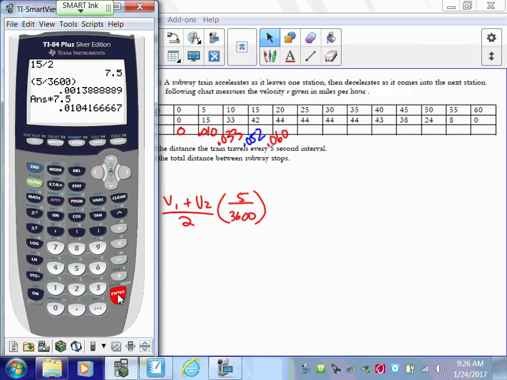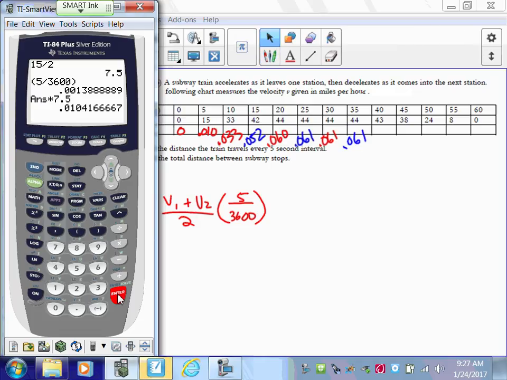Then 44 plus 44 divided by 2, 0.061. And I believe you do it again: 0.061, and again.